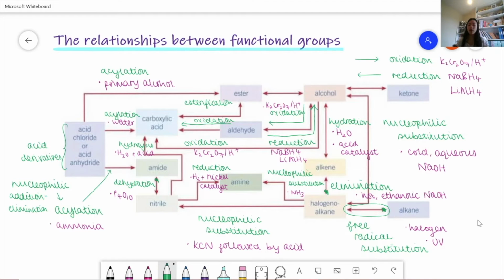If we went the other way, it would be a hydrolysis reaction. And for esterification, we need an alcohol. And for hydrolysis of an ester, we need a H+ catalyst and also some water.